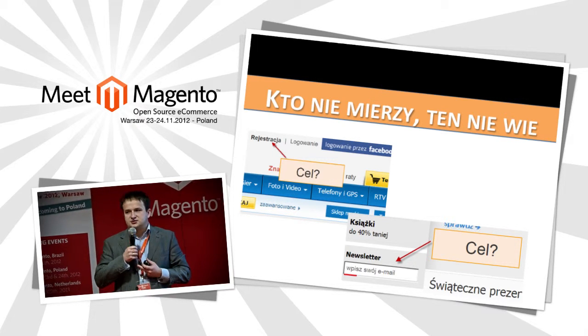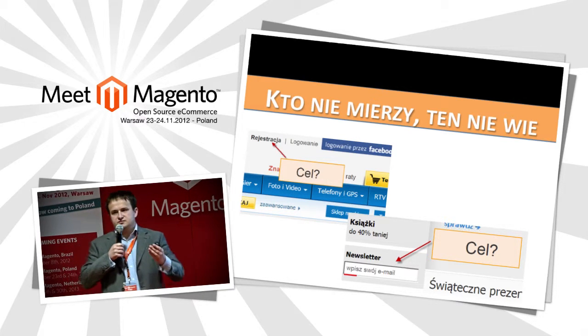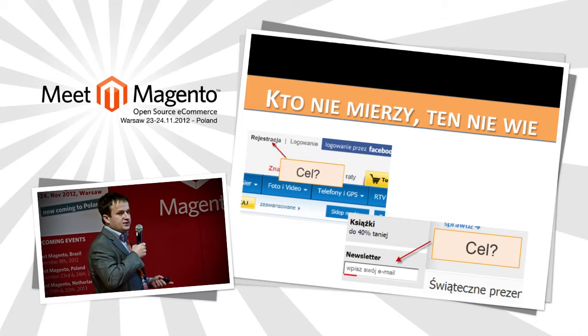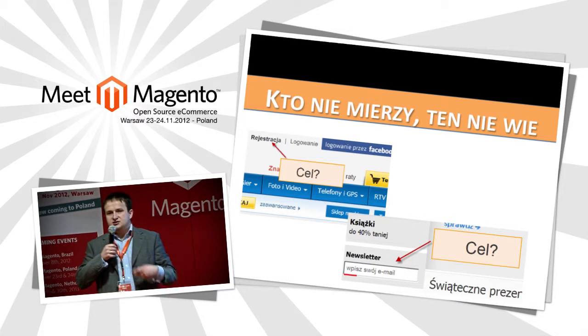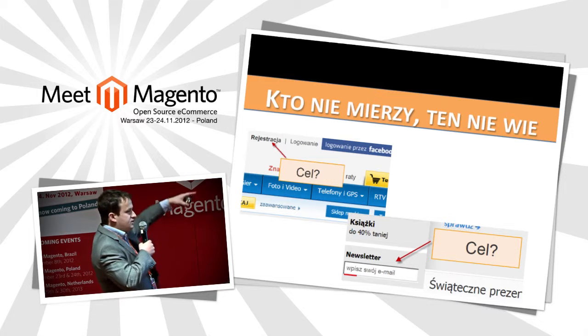We do not know the efficiency of our newsletter registration. Of course, we can check. We can enter the Magento panel, and we see that there are 1,000 registered users. But if they came from AdWords or from Google or from Facebook, that's what Magento will not tell us.